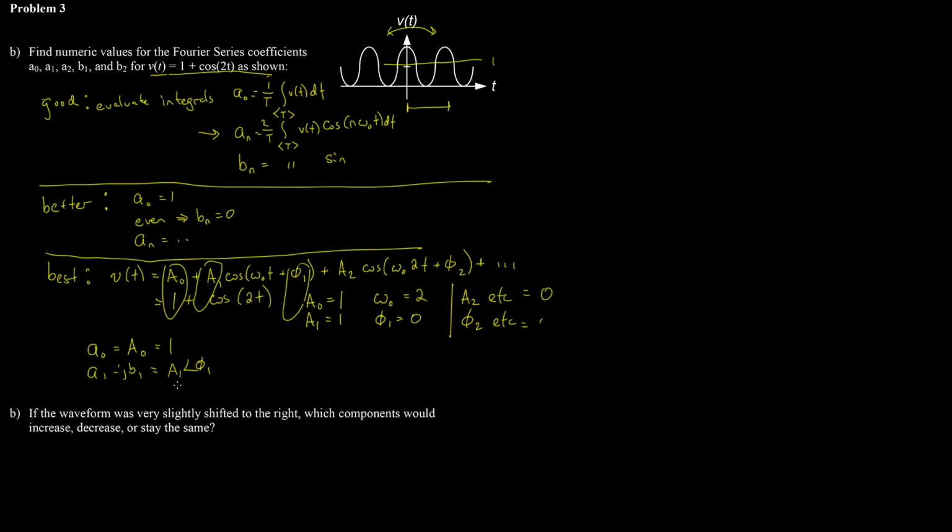But since your capital A sub 1 is 1, and it's at an angle of 0 degrees, that means your a sub 1 term has to be just equal to 1 minus j 0. So that's another way of seeing, from comparing these values, that your a sub 1 term is equal to 1. And it asks for your b sub 1 term. You can see from here, b sub 1 is 0.